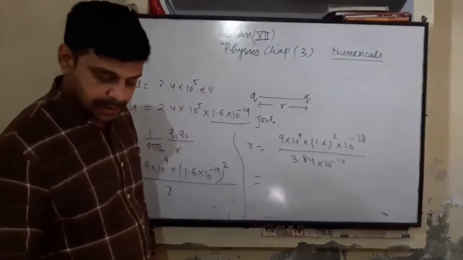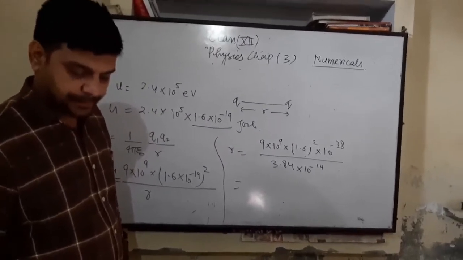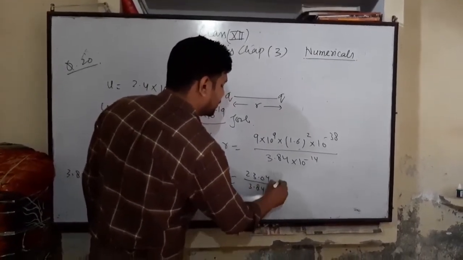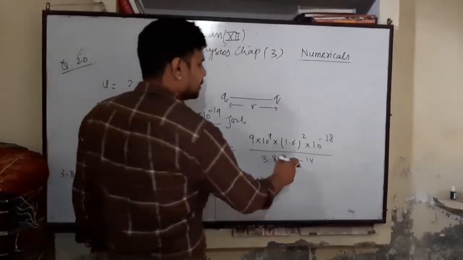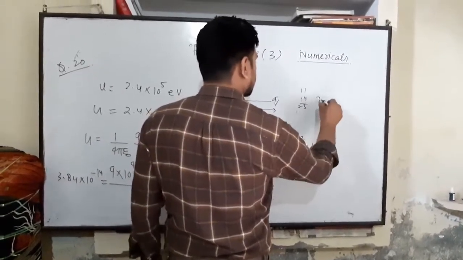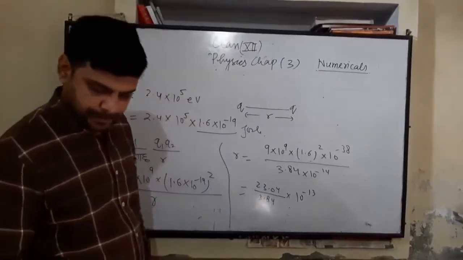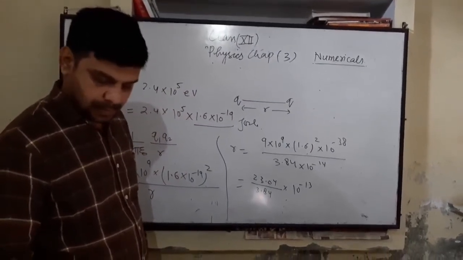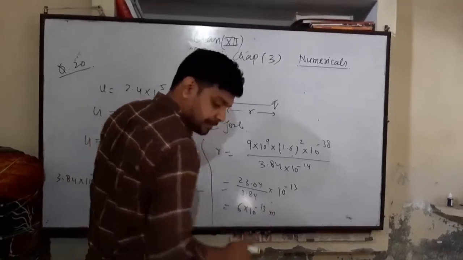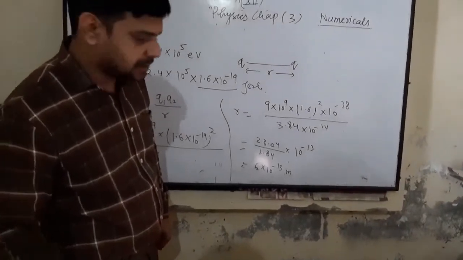So it is 9 into 1.6 into 1.6, which is 23.04, upon 3.84, into 10 to the power minus 13, which gives 6 into 10 to the power minus 13.